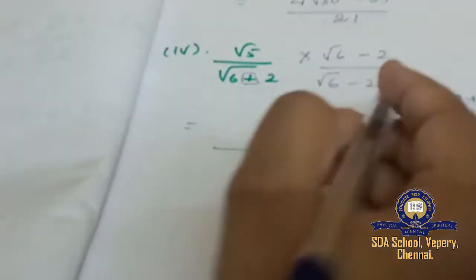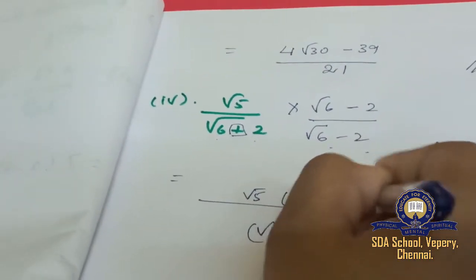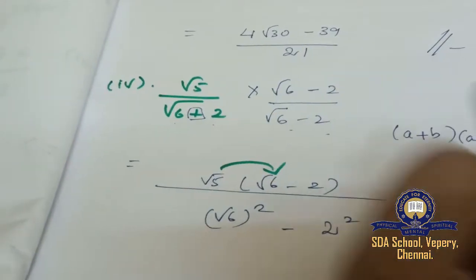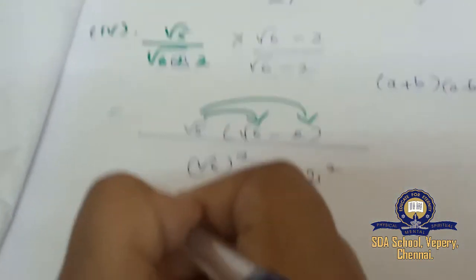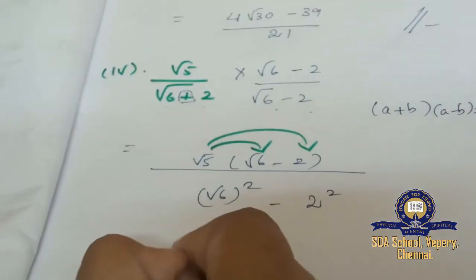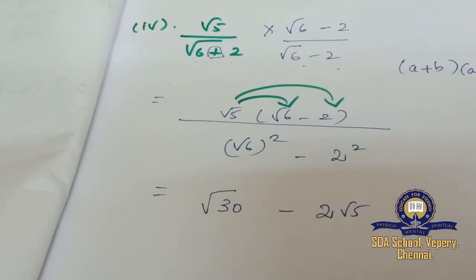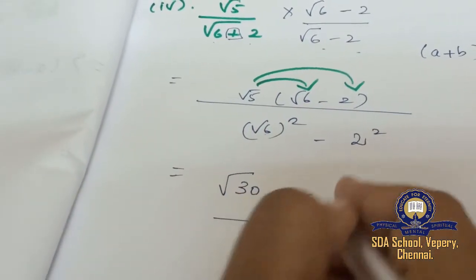Then I have to multiply √5 with (√6 − 2). How do I do this? √5 into √6, then √5 into 2. √5 into √6 would give me √30, minus 2√5, divided by (√6)² which is 6, minus 2² which is 4.